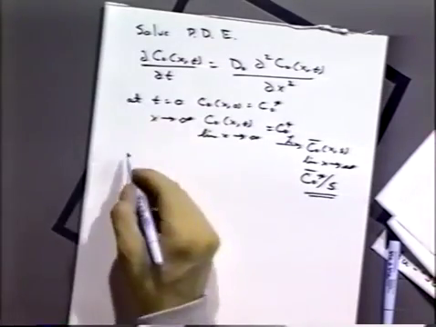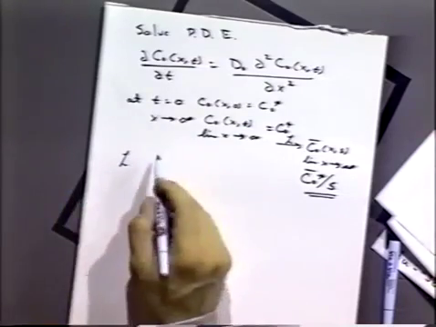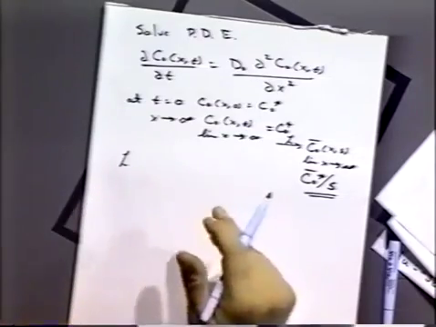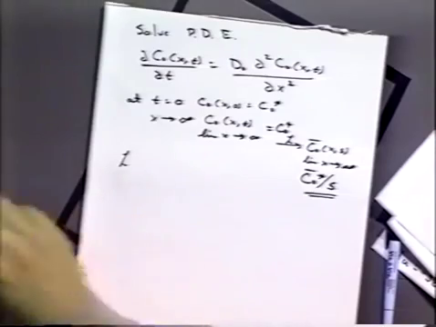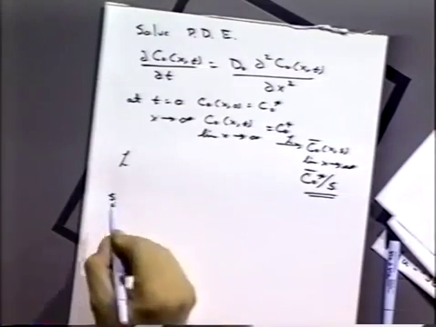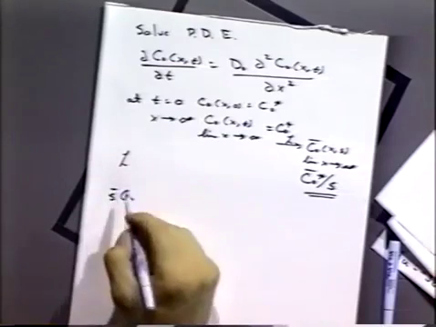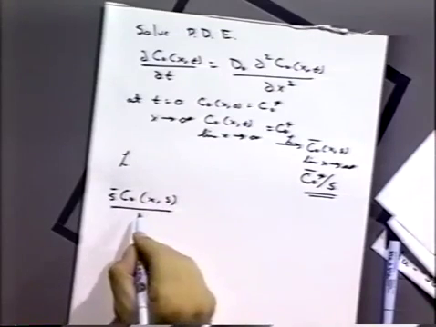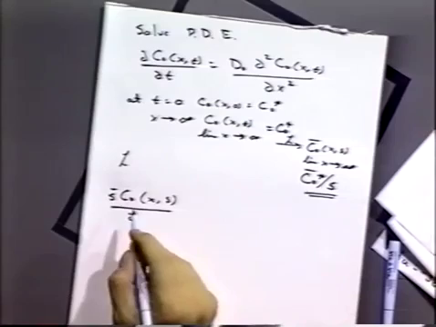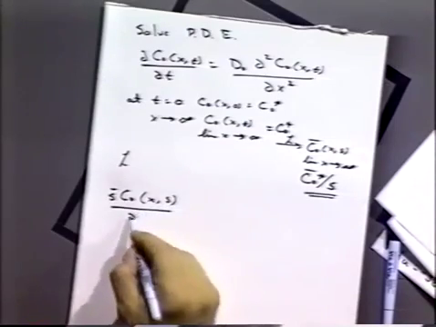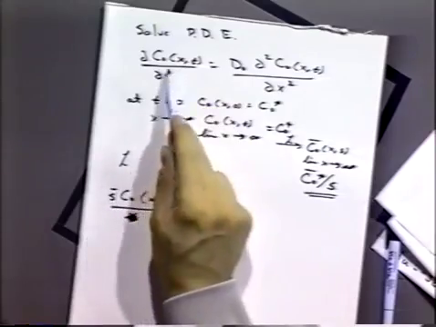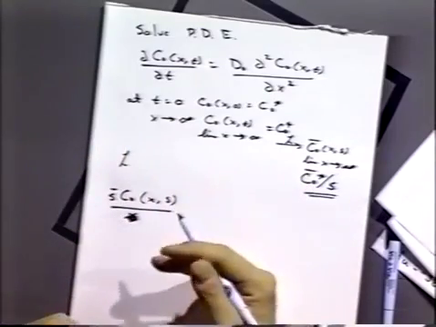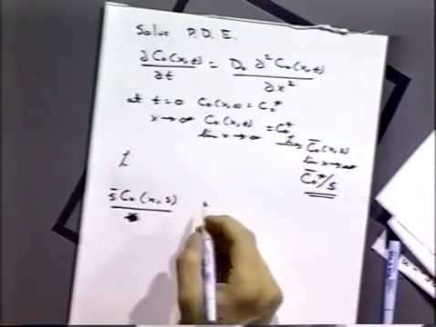So let's take our partial differential equation and take the Laplace transform. Again, we're going to use time as the Laplace variable in this case. We can just write down what the Laplace transform of the first part of the equation would be. That would be a derivative with respect to time, and since x is not a Laplace variable, it doesn't get transformed in the Laplace space, it just stays the same.